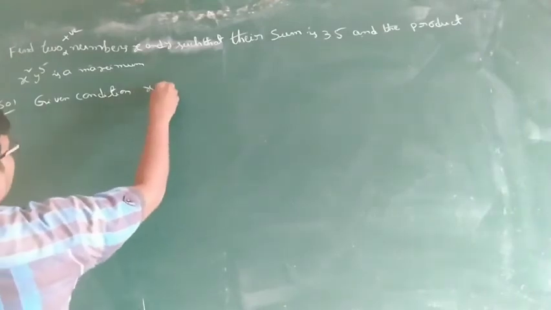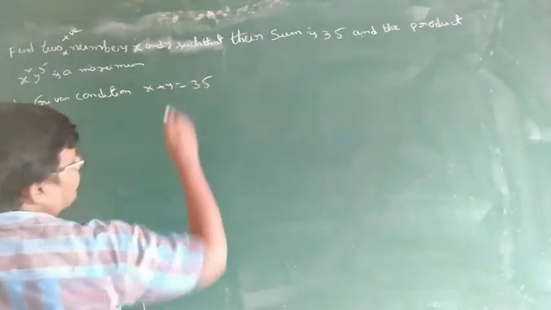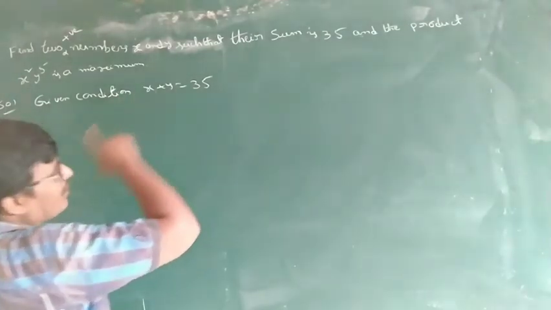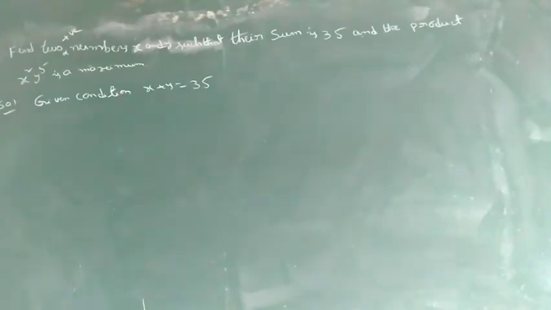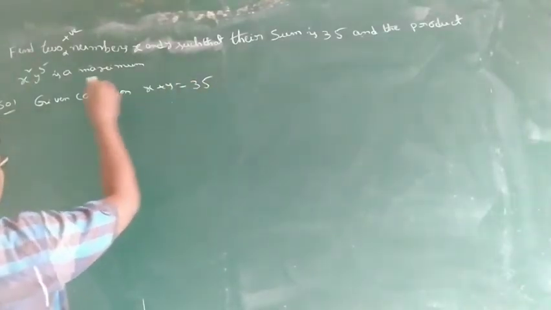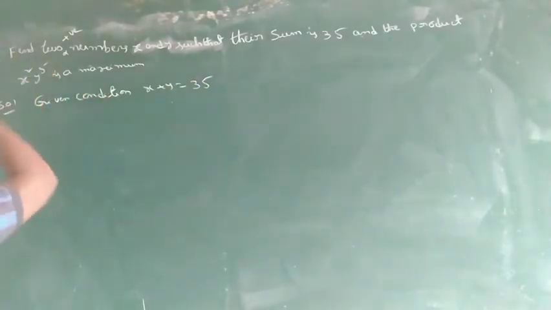First, same solution. Given condition: x plus y is equal to 35. Next step, x is equal to 35 minus y, or y is equal to 35 minus x. Which one do we have to take? This is x square, this is y power 5. For example, if y is equal to 35 minus x, then we get (35 minus x) whole power 5.